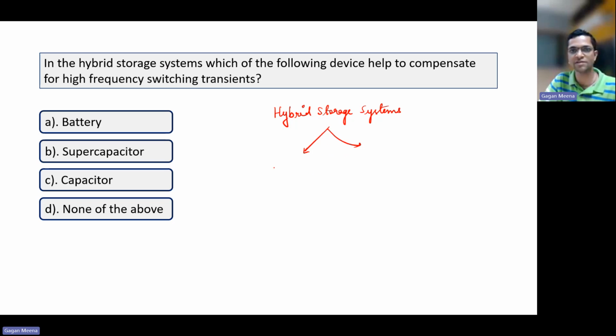First type of storage has high energy density. These are relative to each other. One is higher than the other. Higher energy density and low power density.